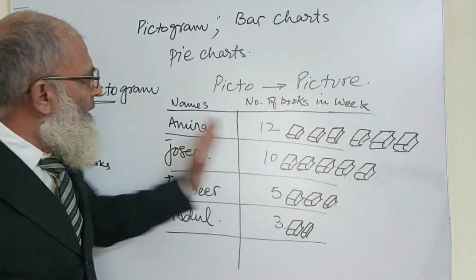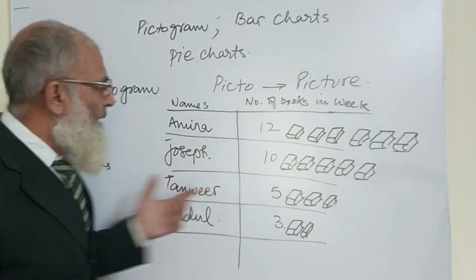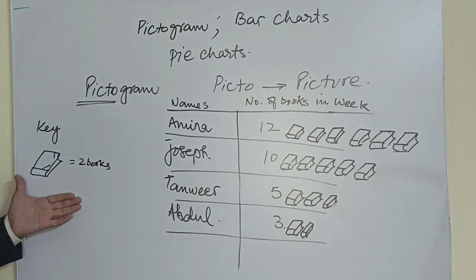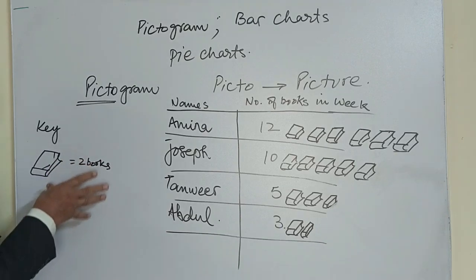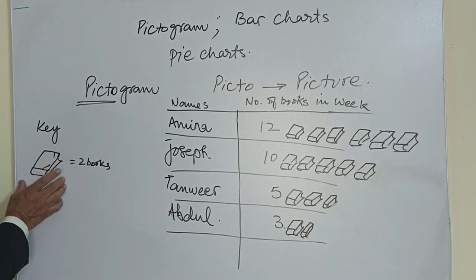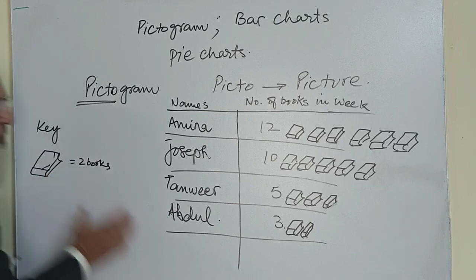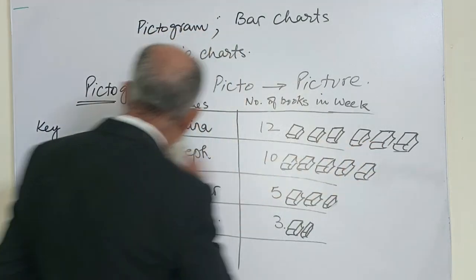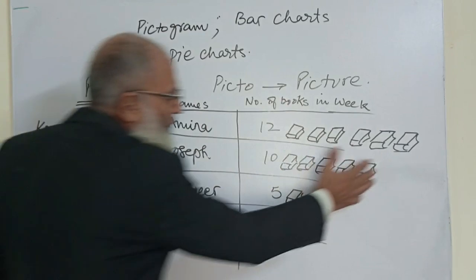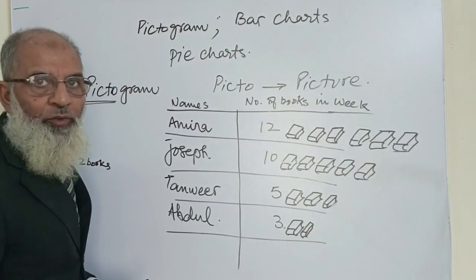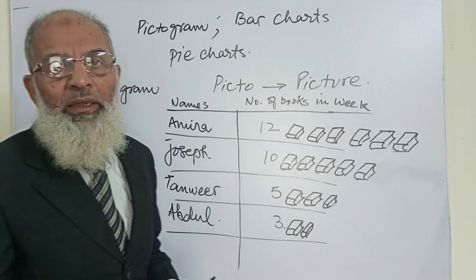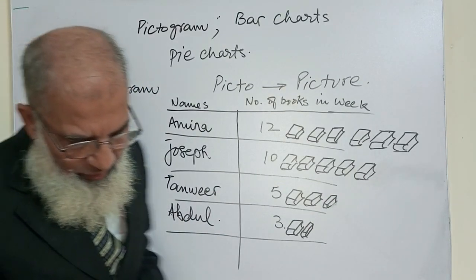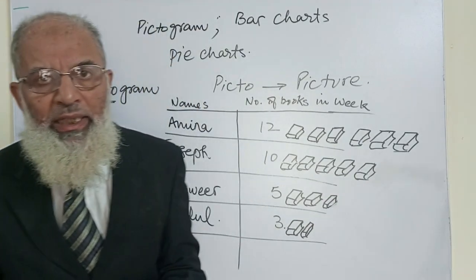This is how we represent the pictogram, but we have to provide the key for our reader to get an idea of what the key says for the picture which we have drawn. We can use such things that we use in our daily life.